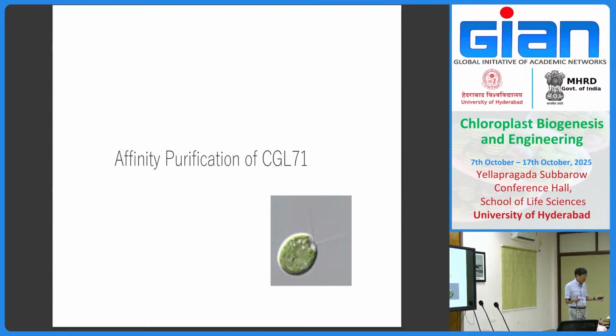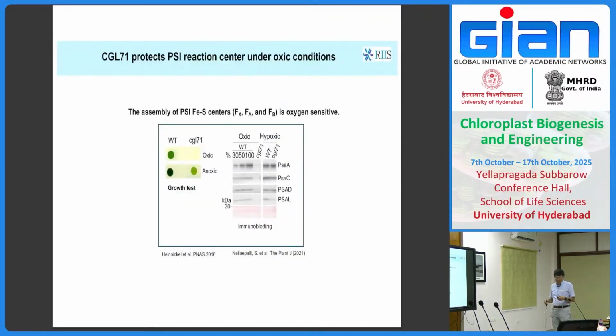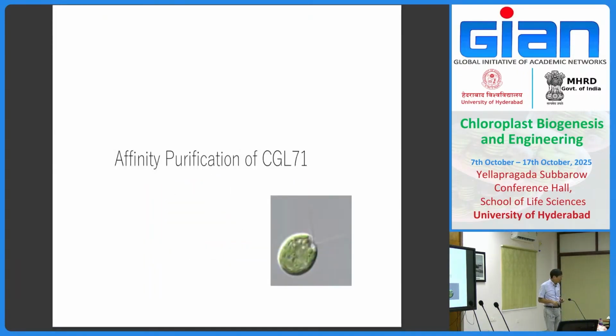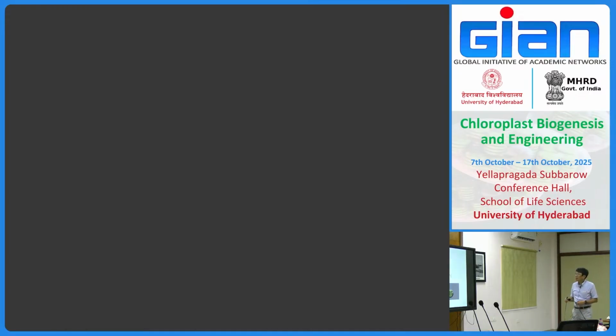So it's conserved in photosynthetic organisms, so it must be very important. This factor was first reported in a cyanobacterial mutant, which showed that the amount of PS1 decreased slightly. But in Arabidopsis, it decreased significantly. So this factor may be involved in PS1 accumulation, but we didn't know how it works.